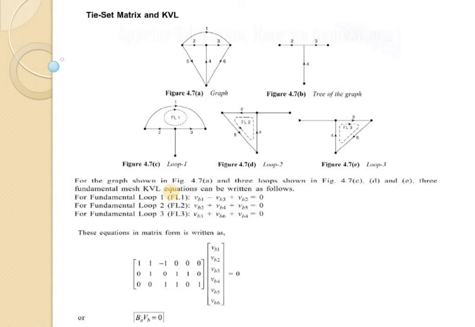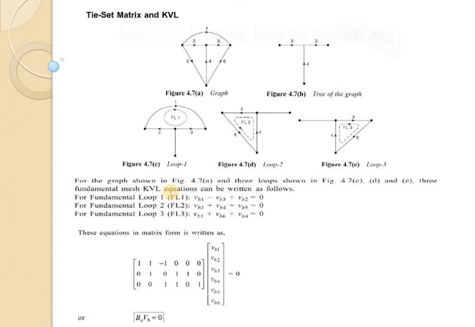So in the loop we have seen that the loop is formed between 1, 2 and 3, and the direction of the loop is 2 and 1 in the same direction and 3 in the opposite direction. So the sign of the voltage of 1 and 2 will be positive and 3 will be negative.